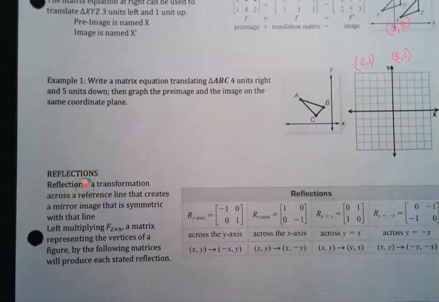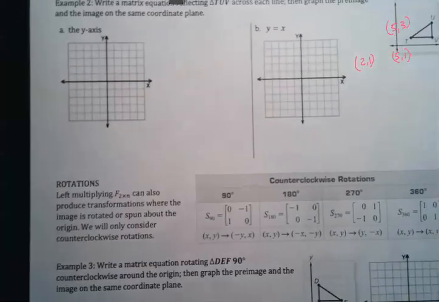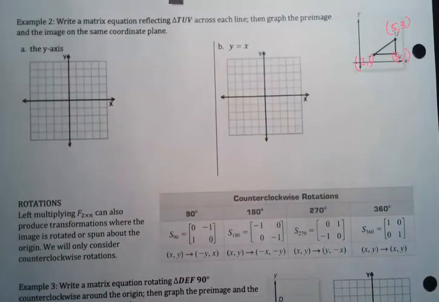So on problem 1, A, we're reflecting across the y-axis. So we're going to use this matrix right here, the negative 1, 0, 0, 1. Okay, that's how we're going to solve this first one. And we have to left multiply, so we're going to take that matrix and put it on the left.